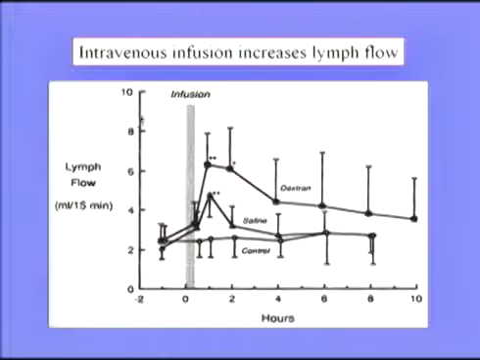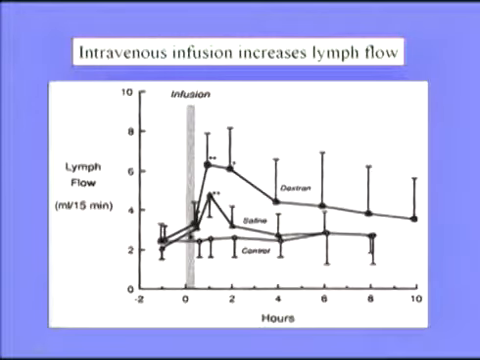And that's nicely shown by an experiment that was done a few years ago, where the lymph flow from the lung was measured in an animal preparation, and this is lymph flow here in mils per unit time, and here's hours along this axis here. At this point, these are the control measurements here, and at this point there was an infusion made of either saline or dextran. And you can see that immediately there was an increase in lymph flow.